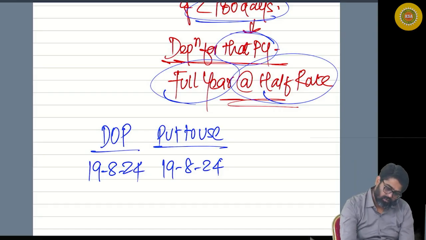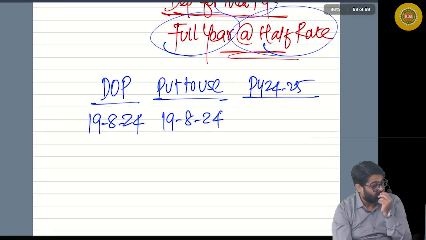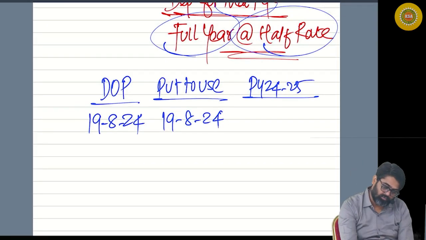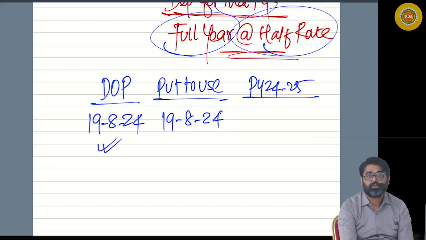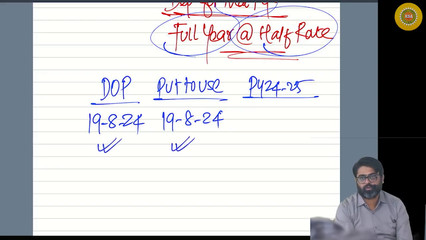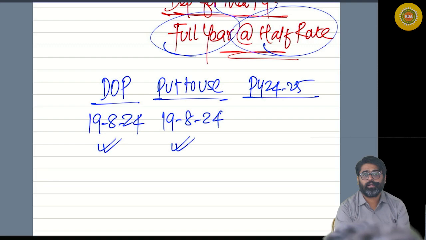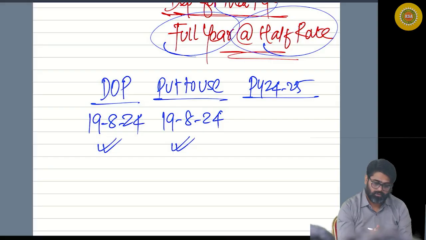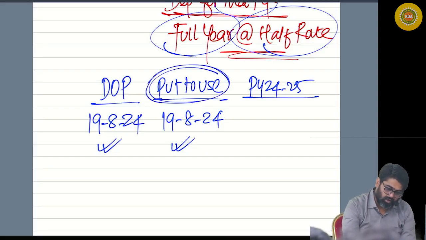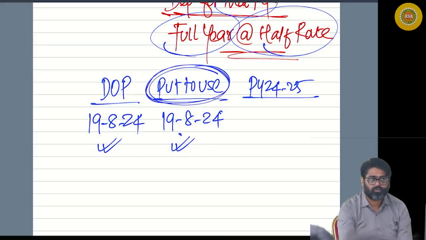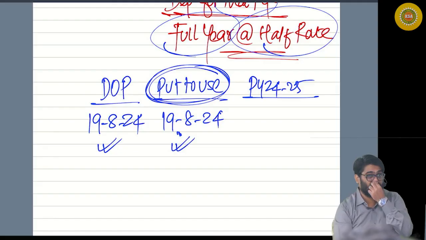Now, previous year 24-25. Depreciation at full rate or half rate? Asset was purchased in 24-25. In 24-25, it was put to use for how many days? More than 180 days. How did you know? You check the date on which the asset is put to use, from this till 31st March.